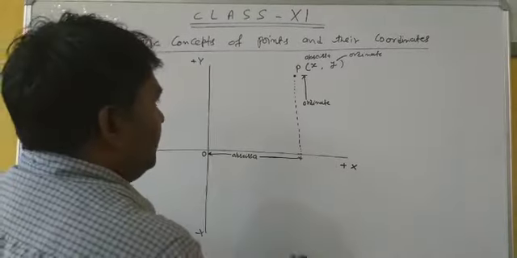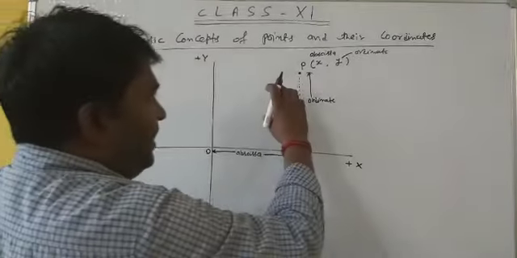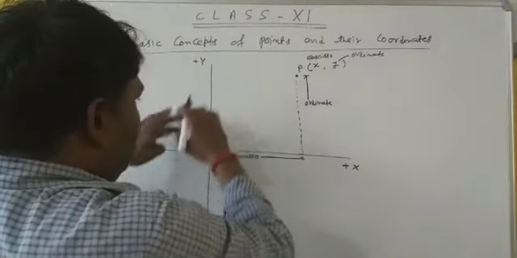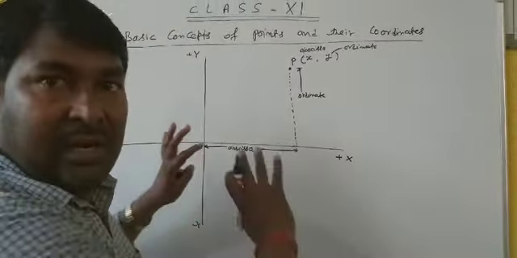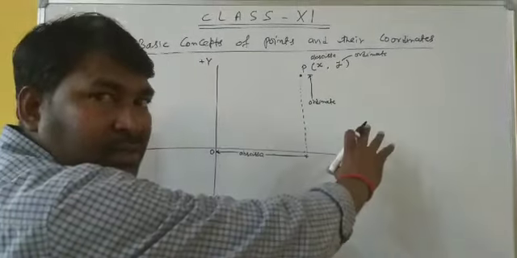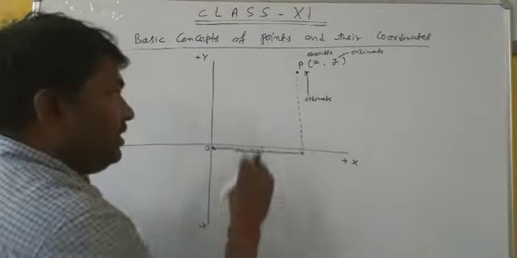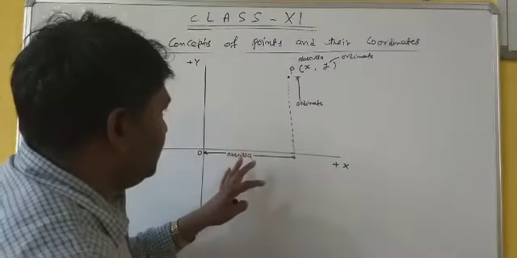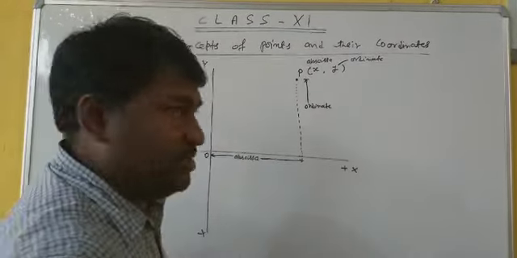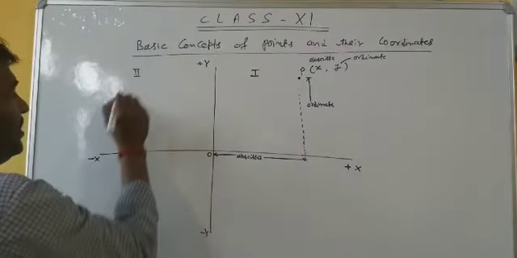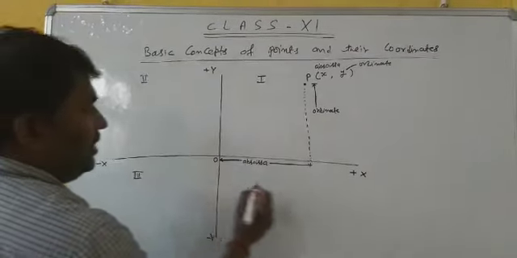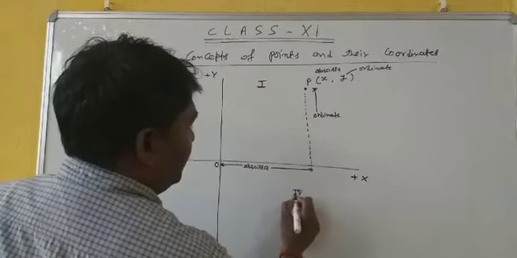Now, these horizontal and vertical lines divide the whole plane into four equal parts. Each part is called a quadrant. This is your first quadrant, this is the second, this is the third, and this one is the fourth quadrant.